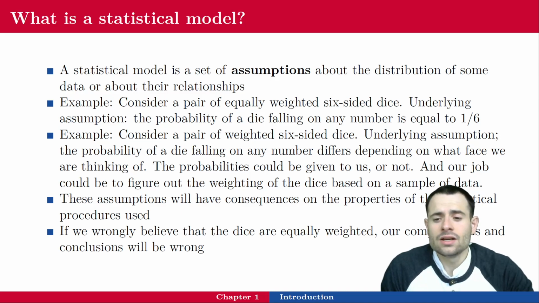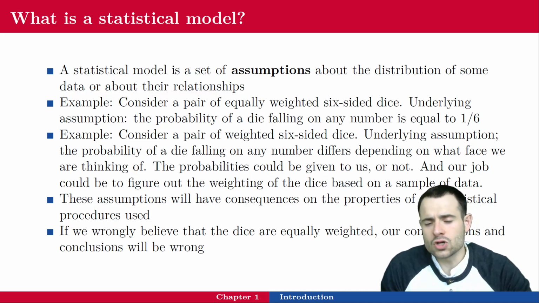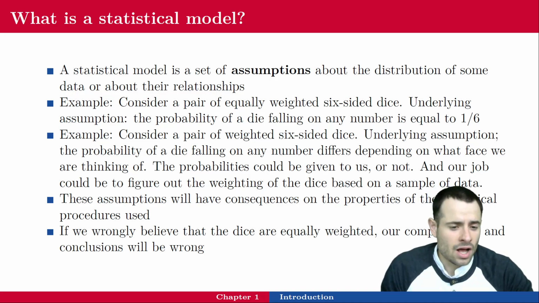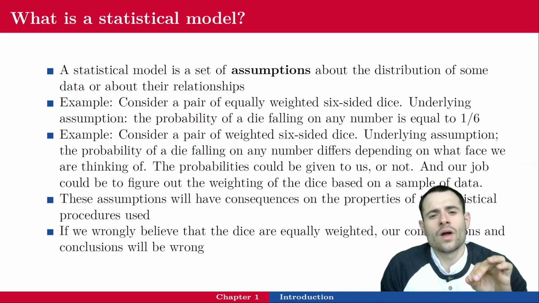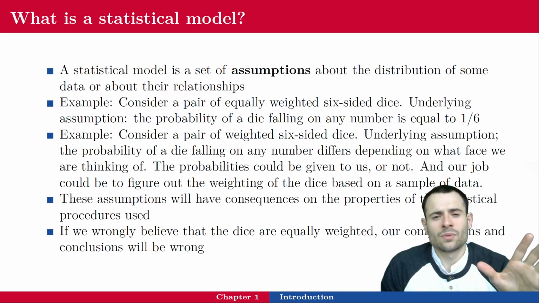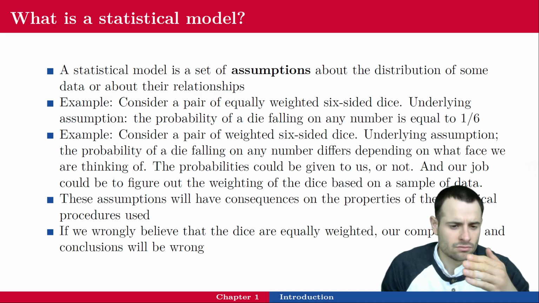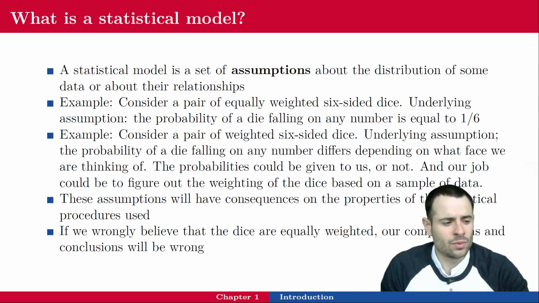But if in reality the dice are not equally weighted, then our prediction that I'm going to get a 1 with a probability of 1/6 is totally wrong. This is the wrong prediction, and my conclusions will be wrong as well. This piece of information is going to tell whether I'm using tools that provide accurate predictions versus tools that provide very highly inaccurate predictions.